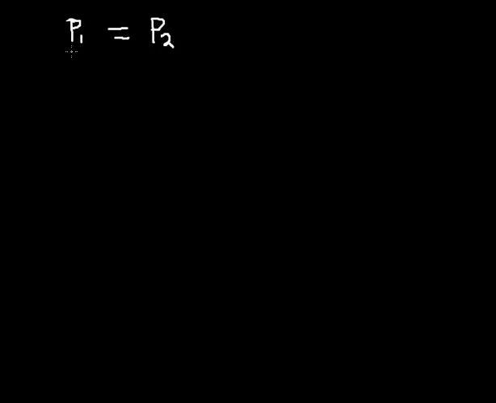So the atmospheric pressure P1 is equal to the atmospheric pressure P2, and we know that pressure is given by the formula density multiplied by height h1, then multiplied by acceleration due to gravity. The same with P2: the density of liquid 2 multiplied by the height at which liquid 2 will rise, then multiplied by g.